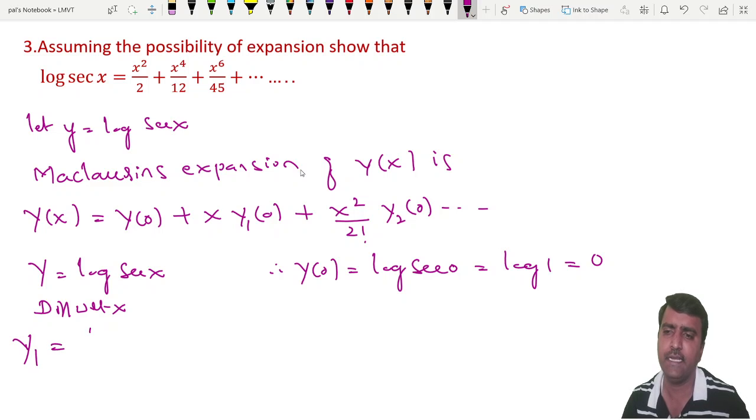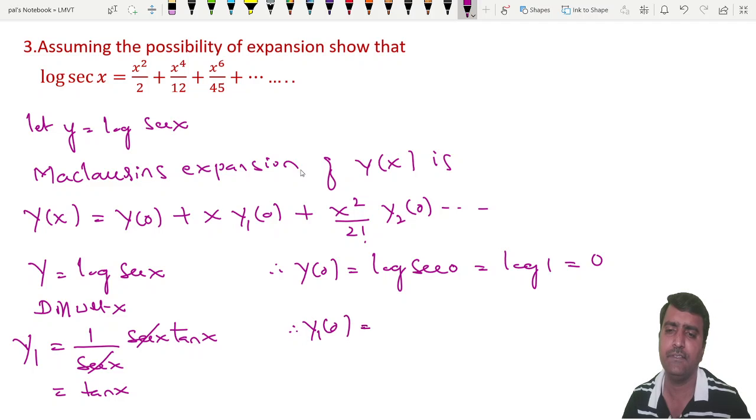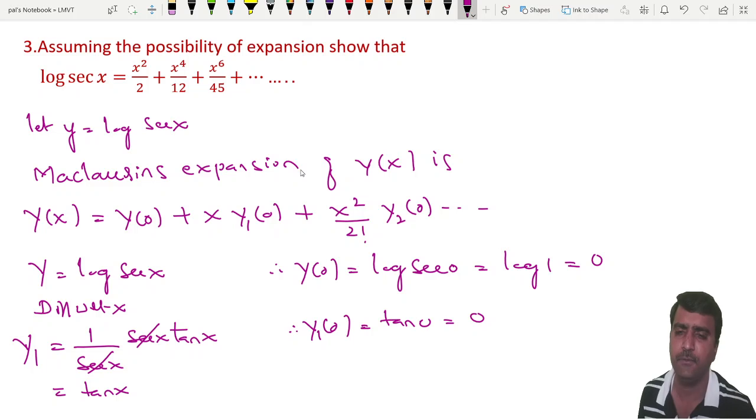Differentiation of log secant x is 1 by secant x, into differentiation of secant x, which is secant x into tan x. So secant x cancels and only tan x remains. So therefore y1 of 0 is equal to tan 0, which is 0.